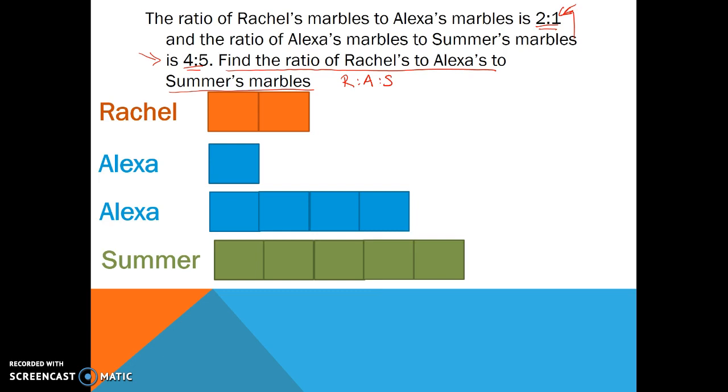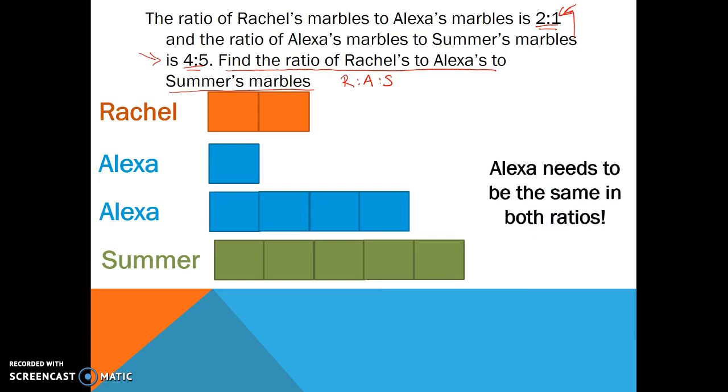So you know what we're going to need to do? We're going to need to find an equivalent ratio for Rachel and Alexa. And here's how we're going to do that. We're going to multiply Alexa's units by 4, so that Alexa's units can be the same in both scenarios.